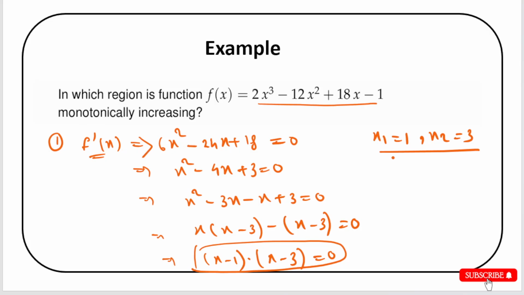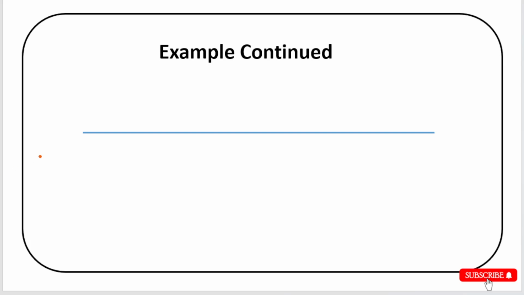And now how do you check that in which interval it increases and in which interval it decreases? For that we have to use something called the wavy curve method. Let me show you how to do that. So here you have the real number line.